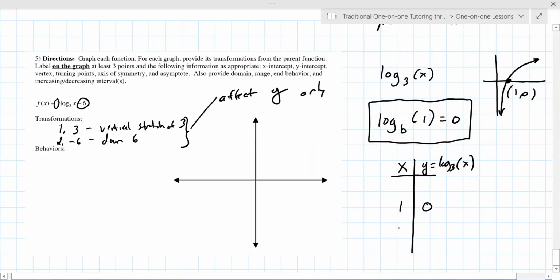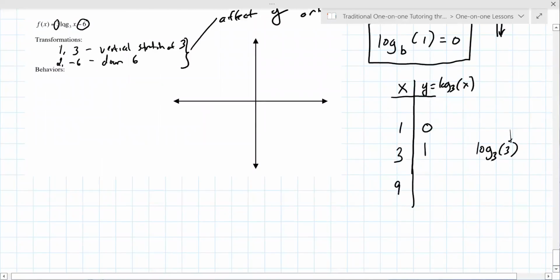Because it's base 3, the next value we're going to choose is 3. So this is log base 3 of 3. Whenever these numbers are the same, the output is 1. And again, we're doing the parent function now; we'll come back to yours. So the next one is 9, log base 3 of 9.